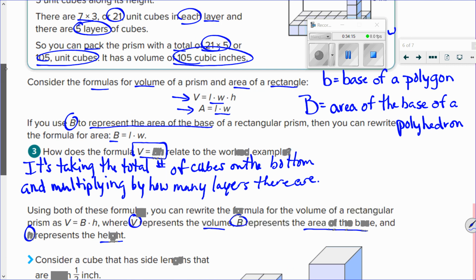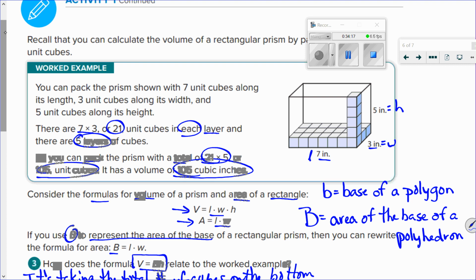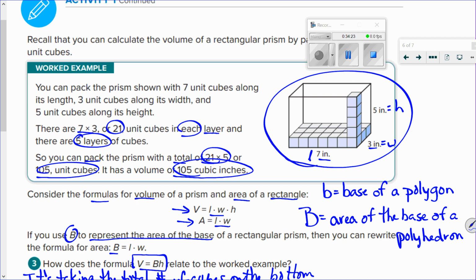So if we look at the initial cube, this rectangular prism that we have here, we said that it took 105 cubes to fill that, correct? If we replaced the 1-inch unit cubes with half-inch unit cubes, now how many cubes would it take to fill it? How many?